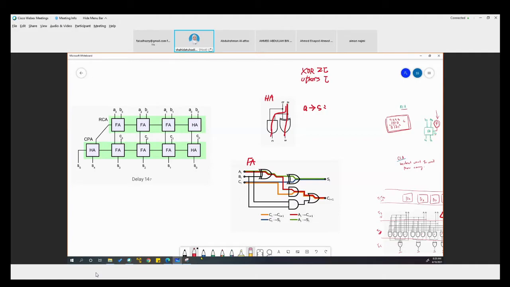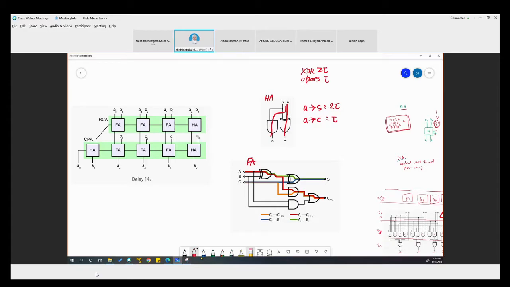So from A to S, the delay is 2 tau, and from A to C, that is tau. Same goes if you choose B instead. B to S is 2 tau, B to C is tau. Okay.